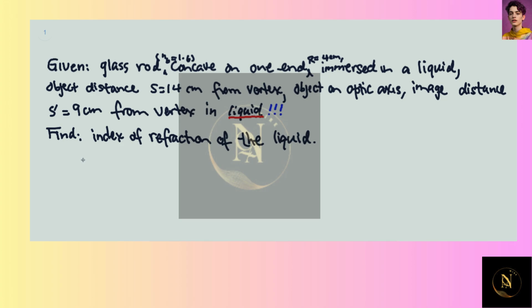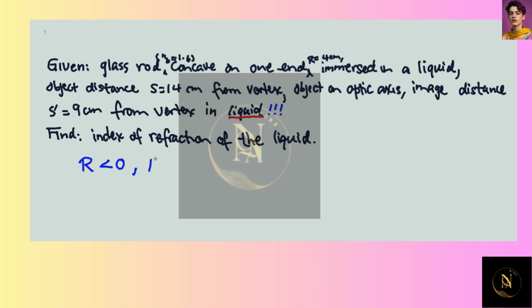two important things right away is that the radius of curvature for this concave rod is going to be negative. So that's what less than 0 means.